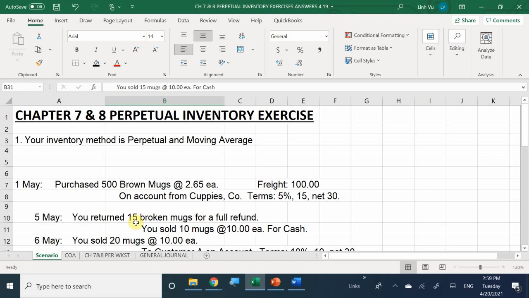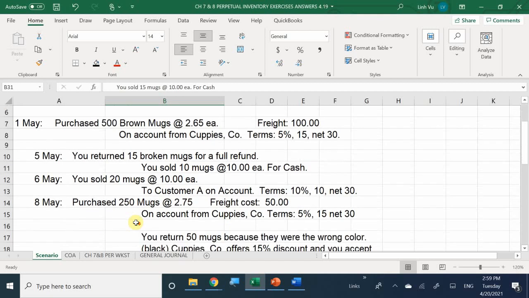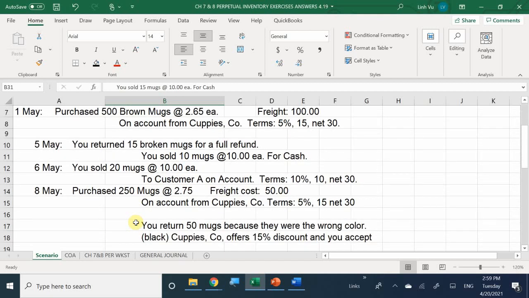No, you were supposed to pay within 15 days. In this case, it's already May 30th, so you definitely missed it. There's no discount you can claim here. You can only calculate how much you actually owe in grand total, which is the 500 minus the 15. That's the first batch.